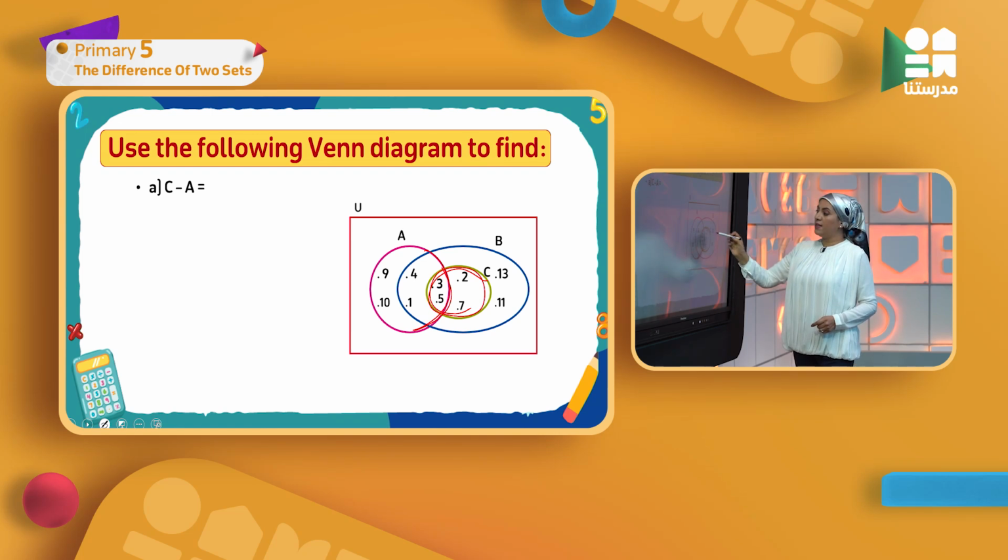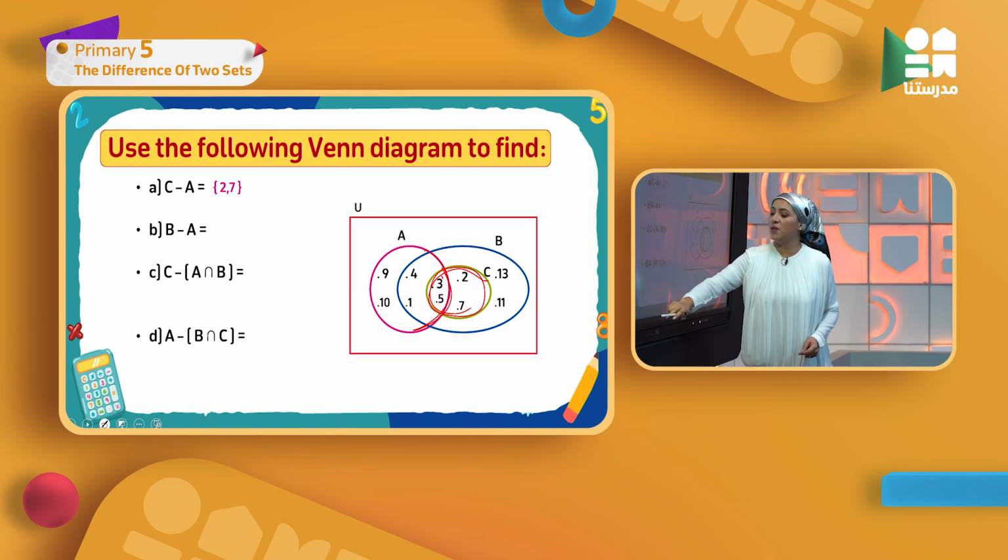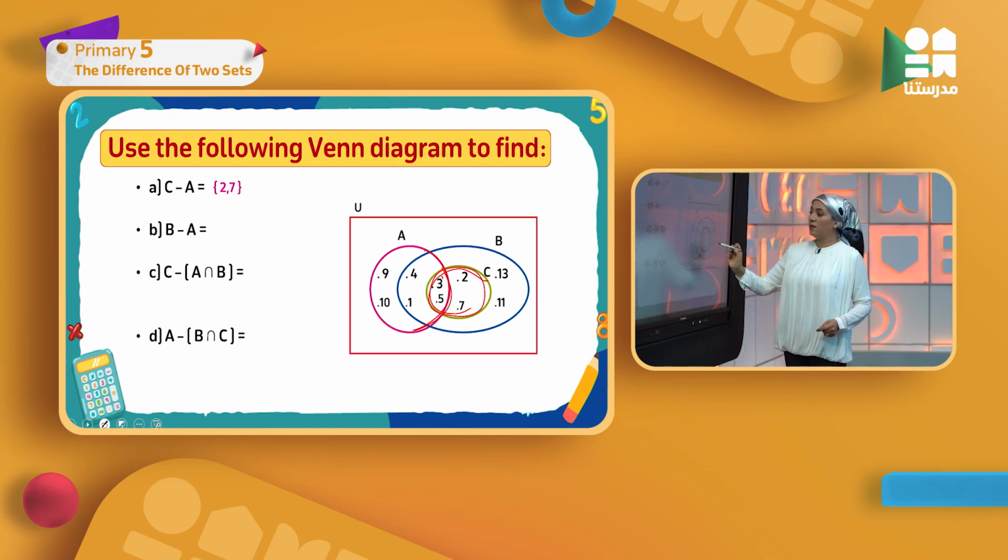As you see, C intersects with A in 3 and 5, then C difference A is 2 and 7. Okay? Then it's C difference A in 2 and 7.